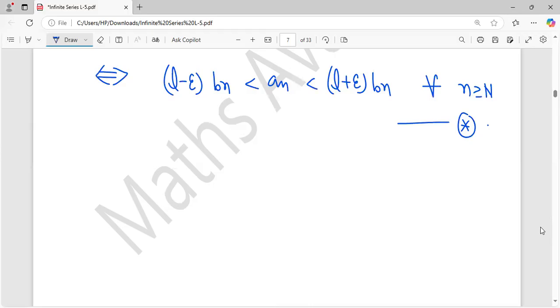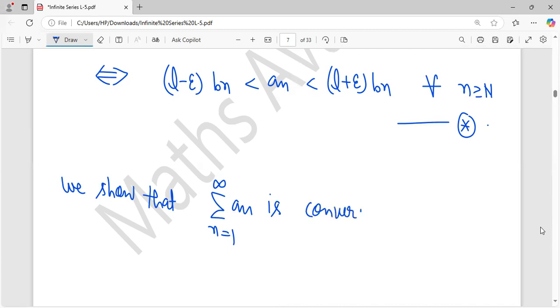Now we saw that this series is convergent if and only if this series b_n is convergent.